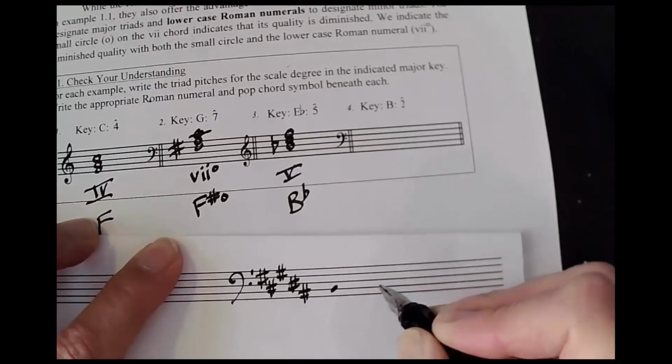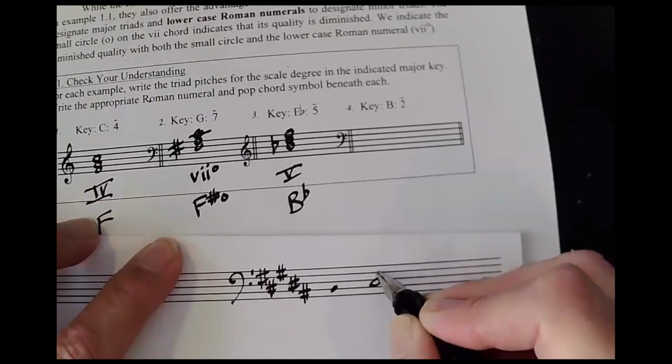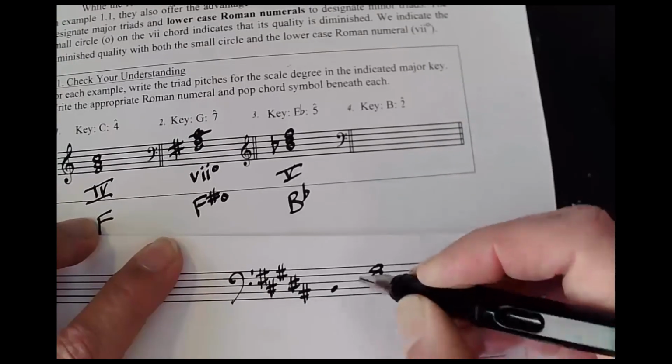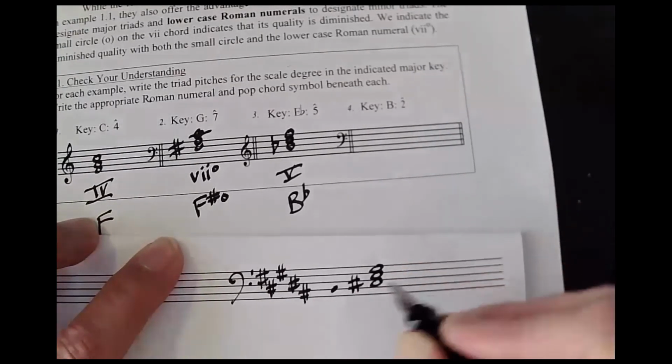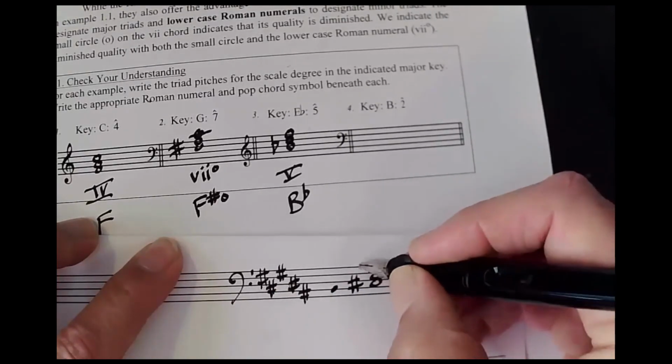So B is 1 and C sharp is 2. And I go ahead and I write those pitches in thirds. Check against the key signature. I notice that the C is sharped. The E is not sharped, but the G is sharped.